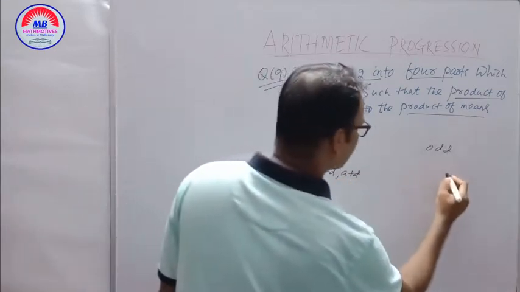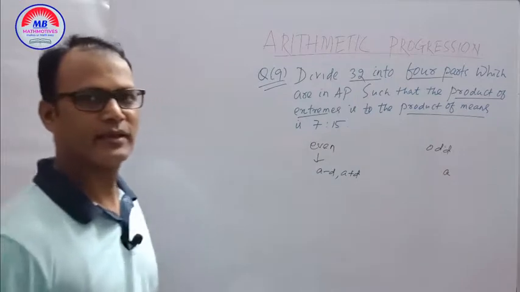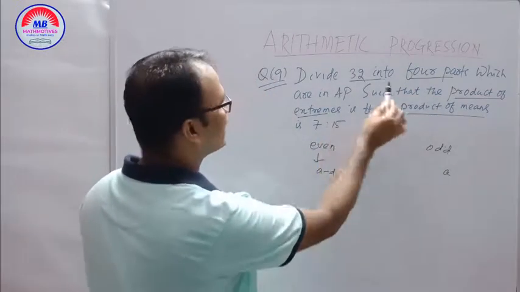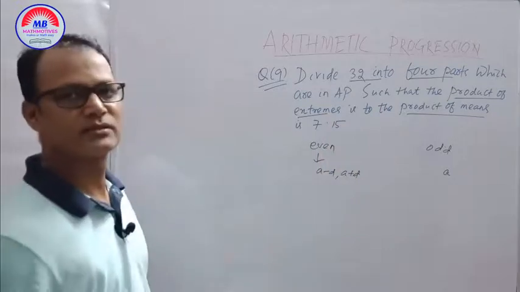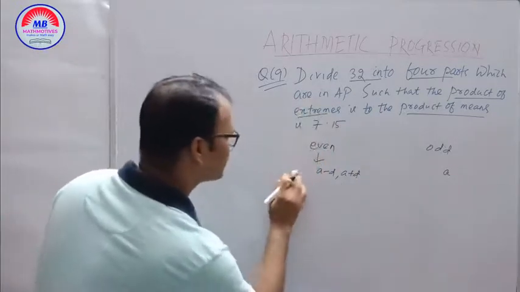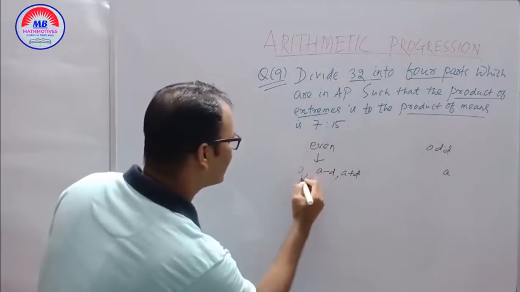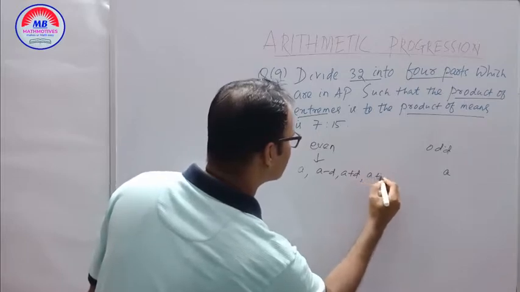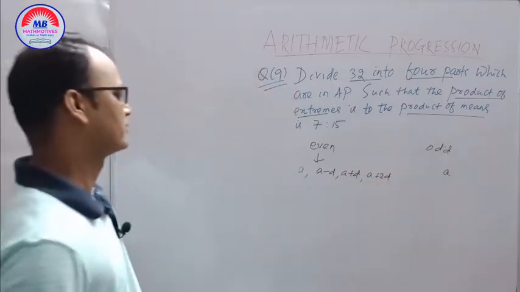When it is odd, the middle term will be a. So 4 parts means it is even. 32 into 4 parts. So let the AP terms be a minus t, a plus t, then a plus 2t. 4 terms.